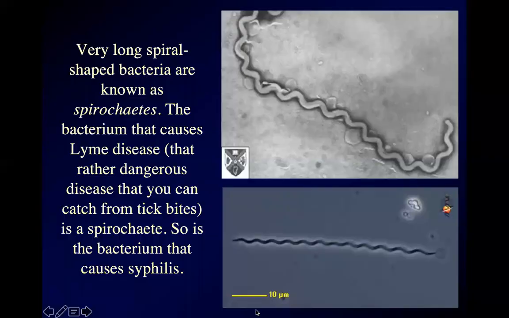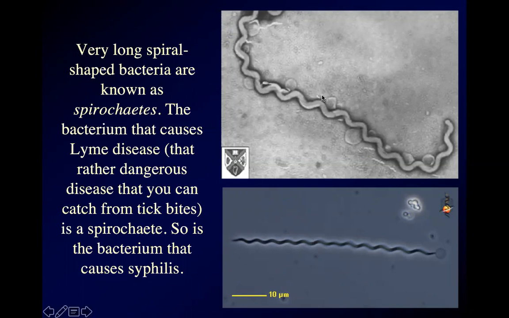On the other hand, very long spiral bacteria are called spirochetes. Chete is Greek for a bristle. So spirochete means spiral bristle. And here's a couple of spirochetes right there. The bacterium that causes syphilis is a spirochete, incidentally.